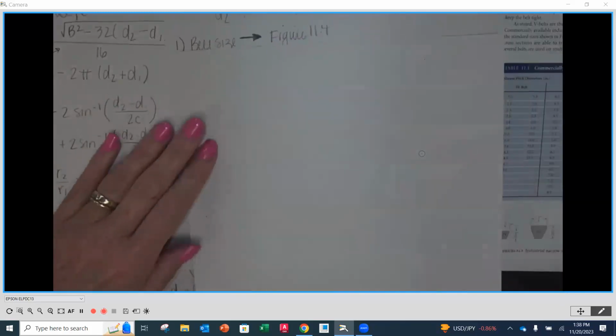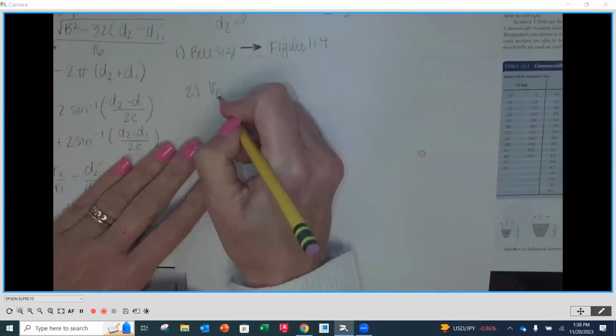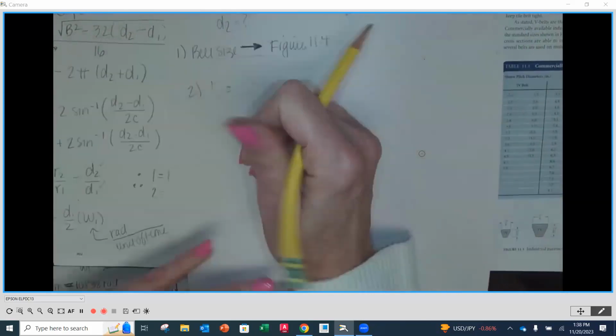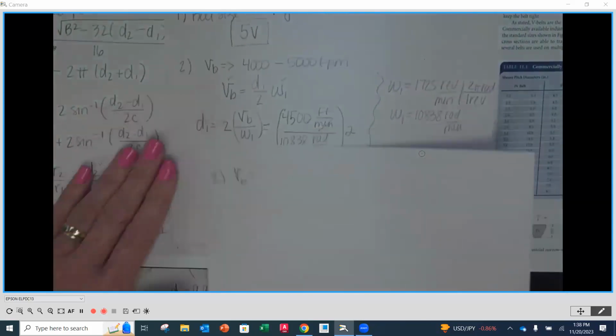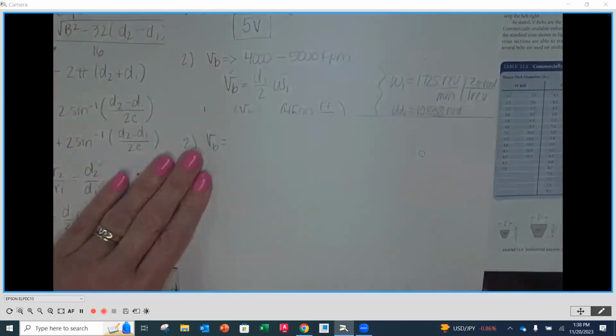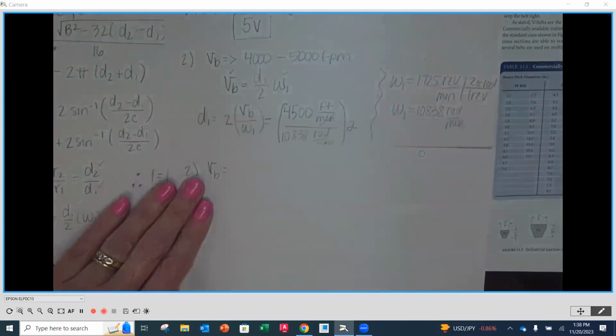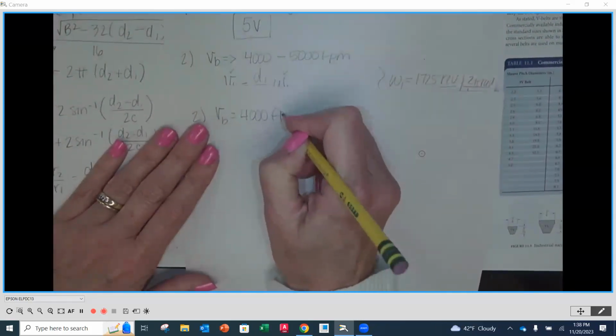So we're gonna redo step number 2, and we're gonna say VB, our belt speed, is gonna be equal to 4,000 feet per minute.